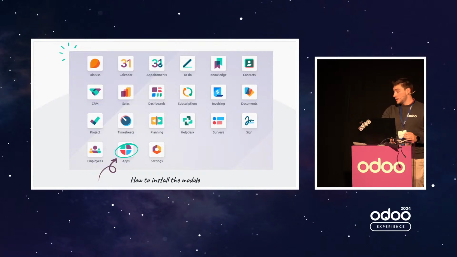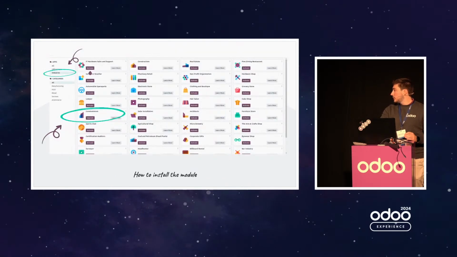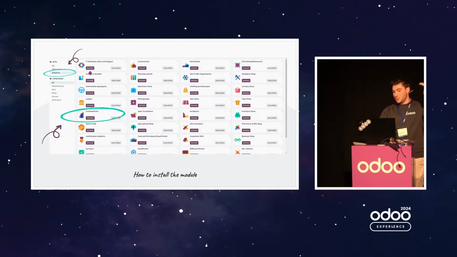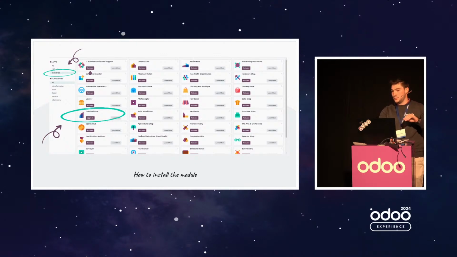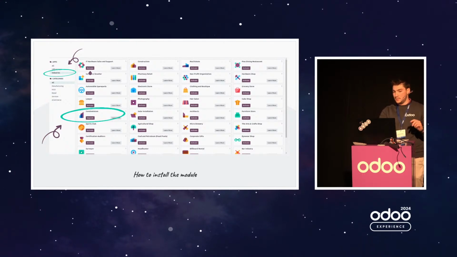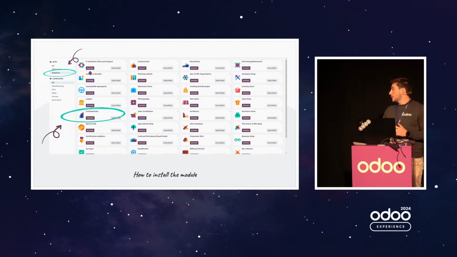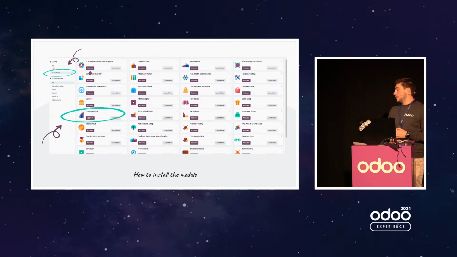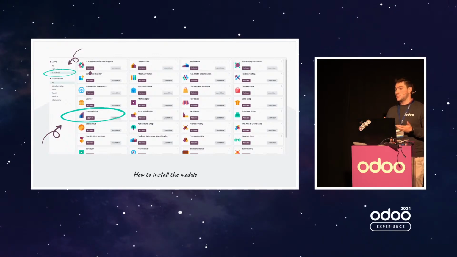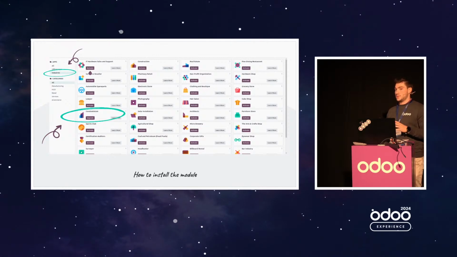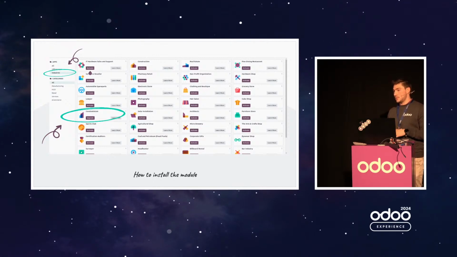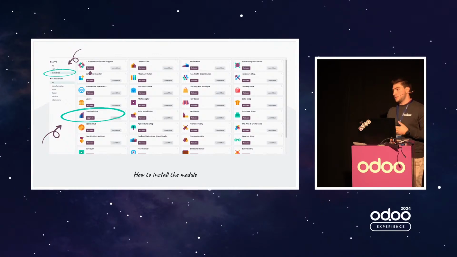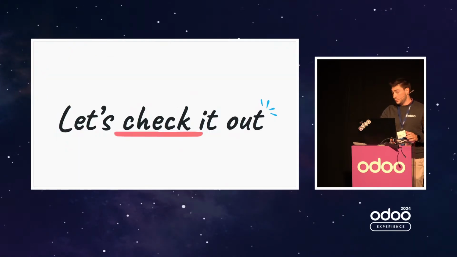From there, you click on the Apps application. Then you go to the menu on your left and you see the Industries submenu. You click on it, and then you can see that I circled the Condominium application. You click on it, and it will automatically go into your database and add all the customizations that we made for you. Very easy.